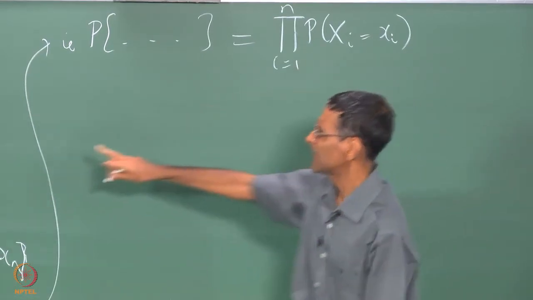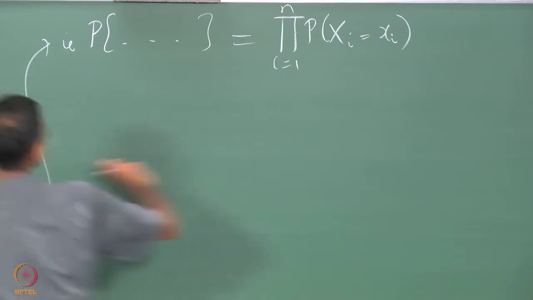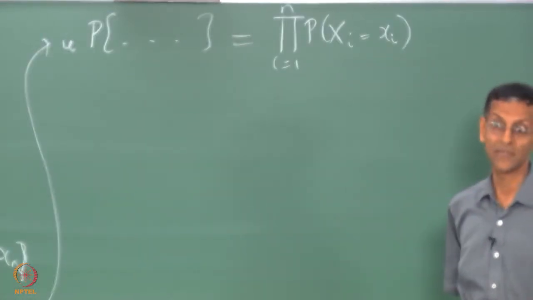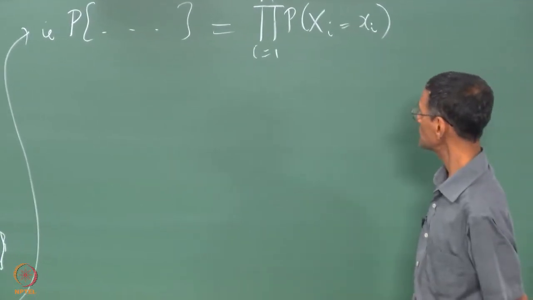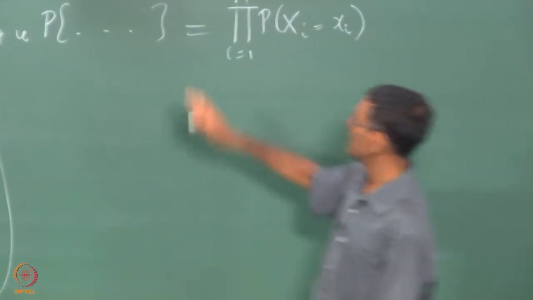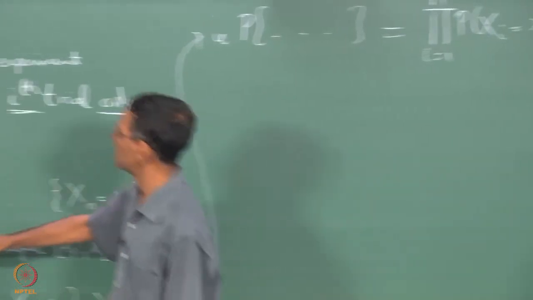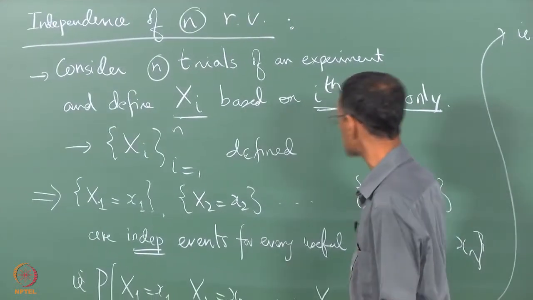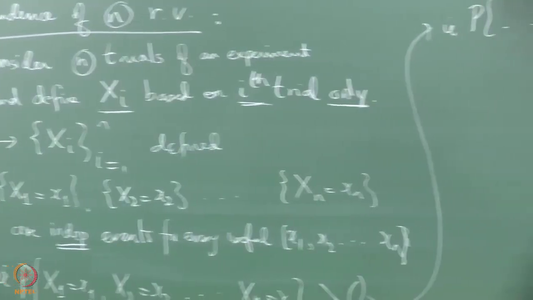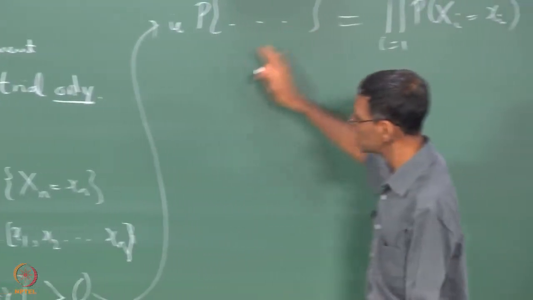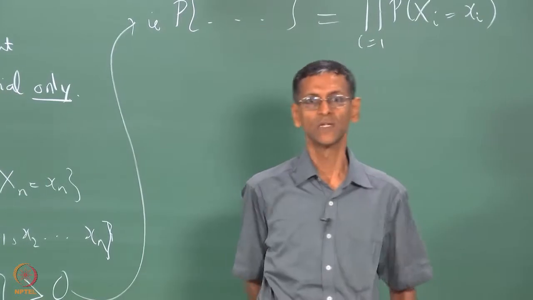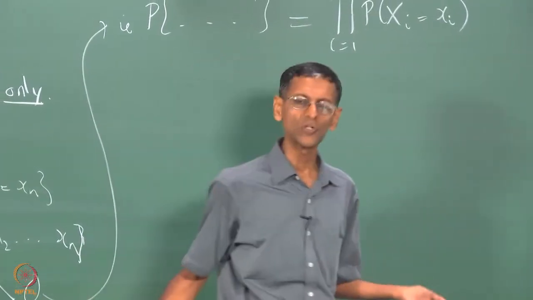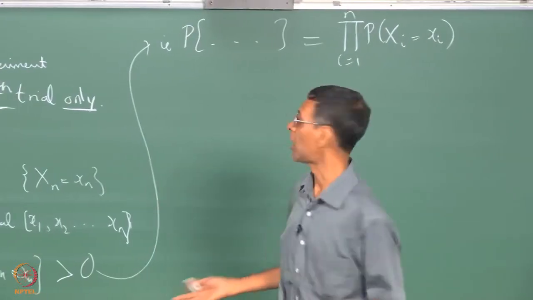Remember I said Xi is based only on the ith trial, so this small xi is a number which comes out only of the ith trial and nothing else. Not only this, right, and what do we mean by n events being independent? This is obviously not the only condition, right? We have to have this condition being satisfied for any subcollection, which is also true, because when you have n trials, you can obviously close your eyes to the trials you don't want, right?